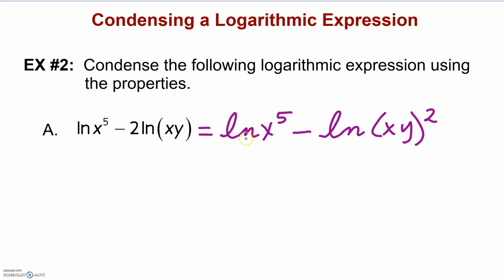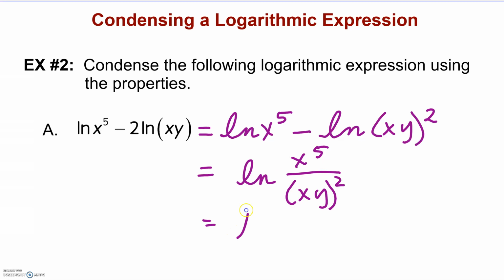Now that I have one natural log minus another natural log, I can use the quotient property. That would be the natural log of x to the 5th over xy squared. Now, this can be simplified because that squared there applies to both the x and the y. So it's really x to the 5th over x squared y squared.